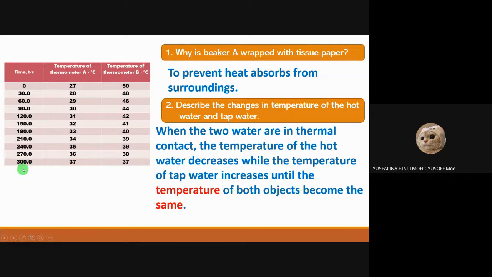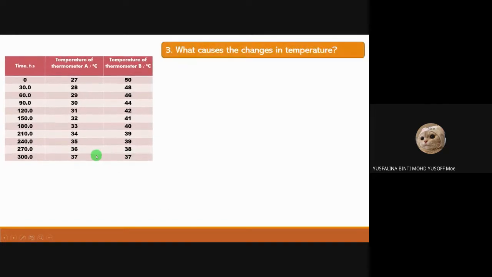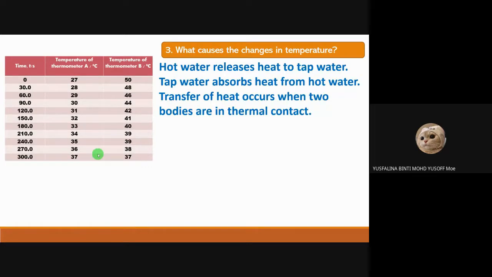At the 300 second mark, you can see both thermometers give the same reading. This we call thermal equilibrium, meaning the transfer of heat between the two objects is already the same. This condition we call thermal equilibrium.